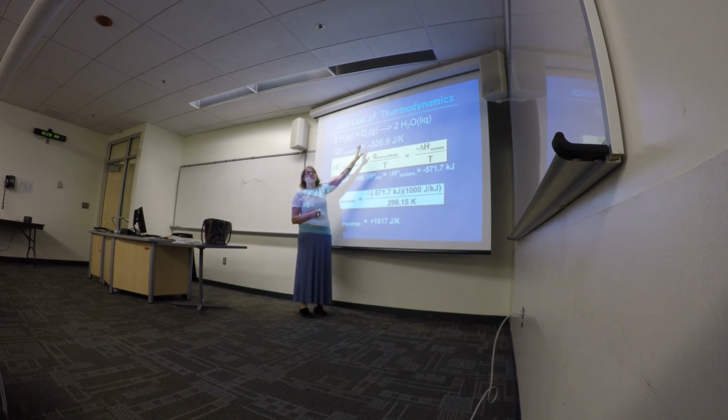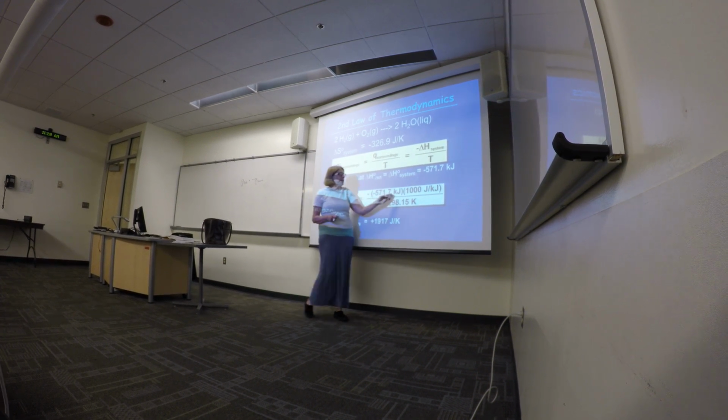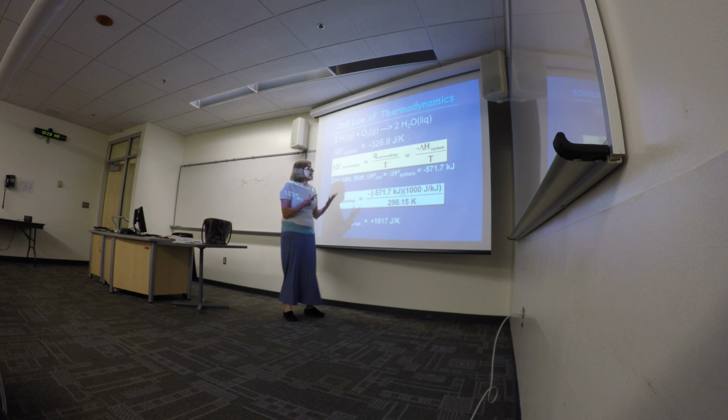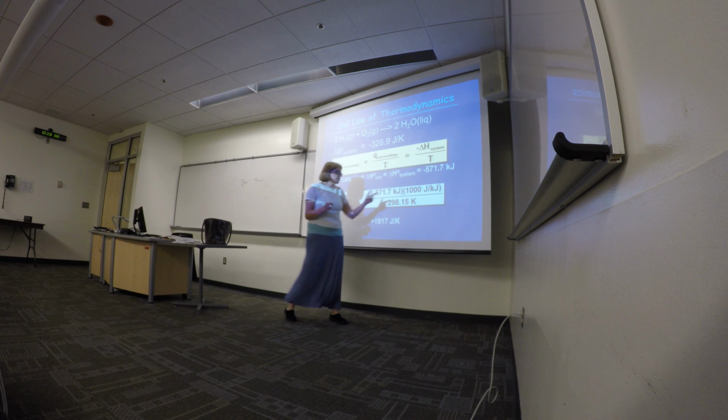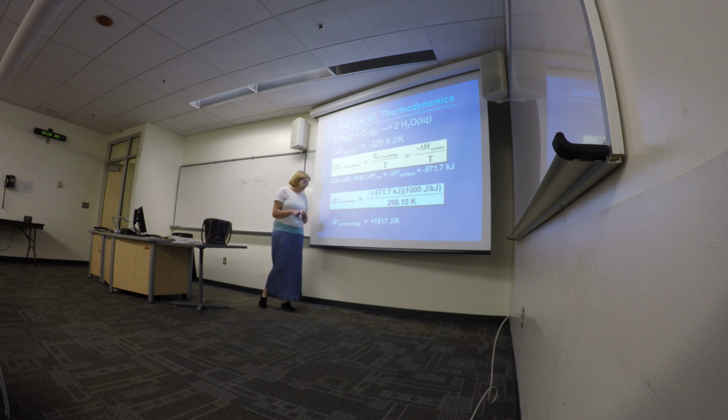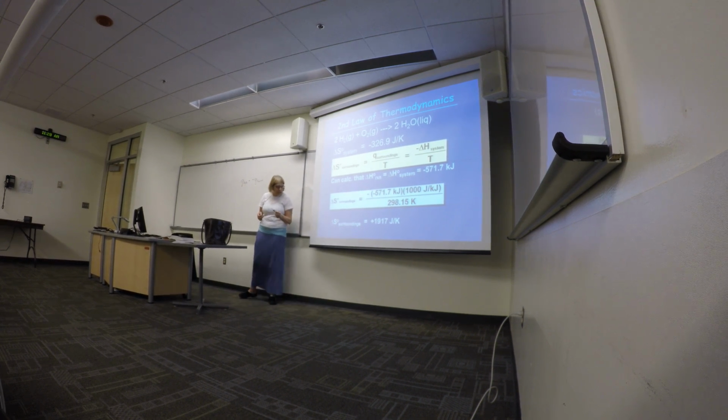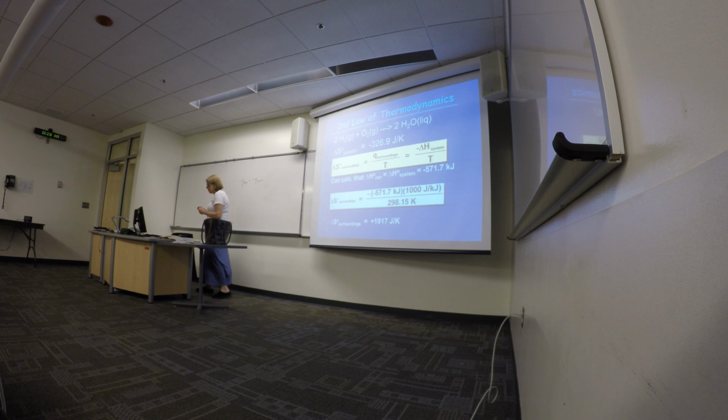We look up standard enthalpies, calculate it, and plug it in here. We have kilojoules, and it wouldn't matter which way we did it. I took the kilojoules and converted them to joules, and then we divide by the Kelvin. And so we end up with a change in entropy for our surroundings equal to 1,917 joules per Kelvin.